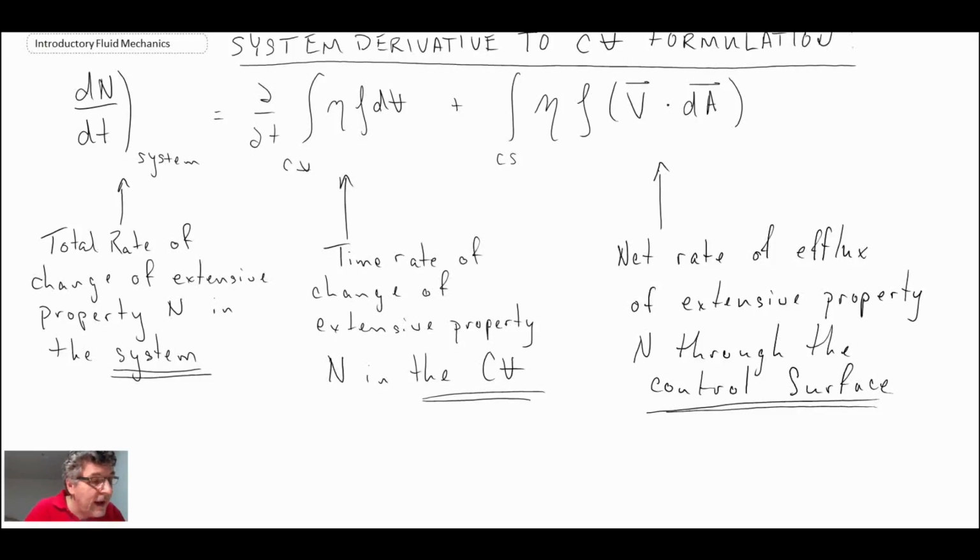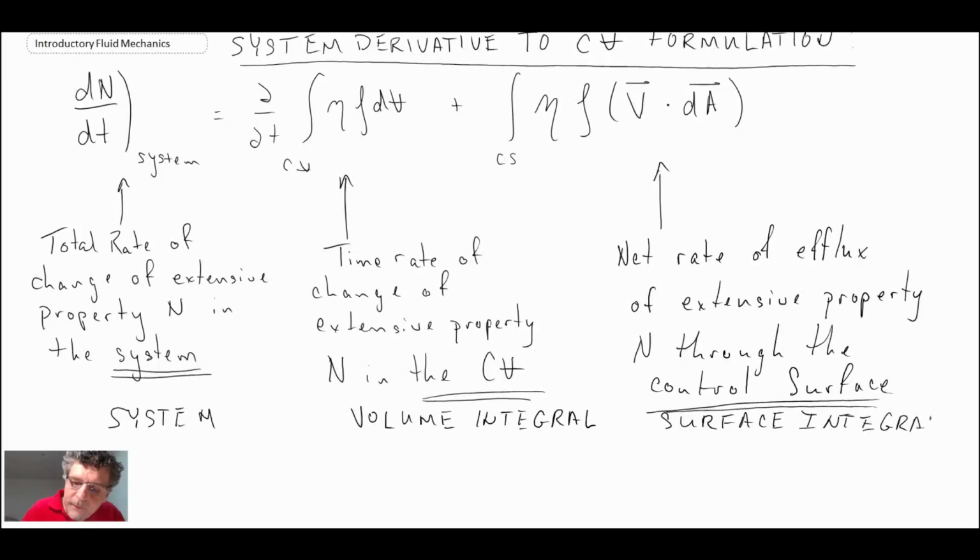So what we have is the system, and then we have a volume integral, and we have a surface integral, and the volume and surface integral pertain to the control volume.